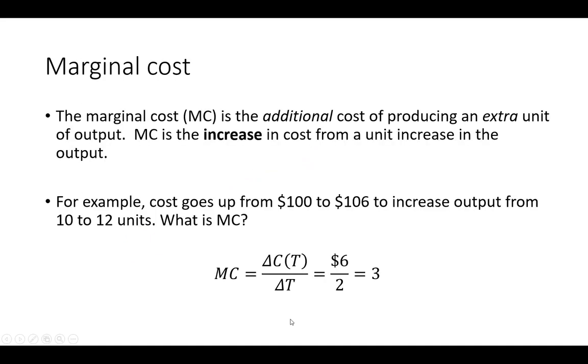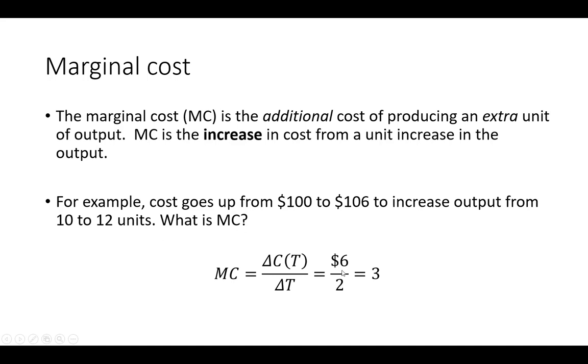How about the marginal cost? Marginal cost is the increase in the total cost when you increase the output by 1 unit. So this is the extra cost caused by increasing the output by 1 unit. Cost goes up by $6 when you increase the output by 2 units.